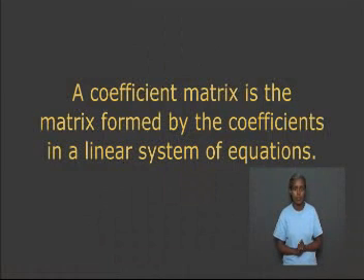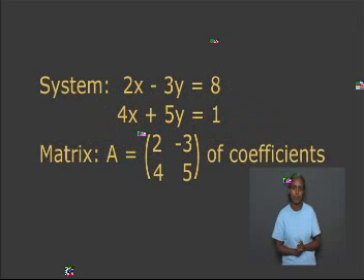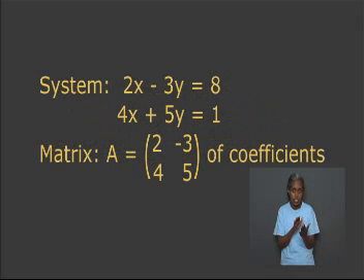A coefficient matrix is the matrix formed by the coefficients in a linear system of equations. In this example, you can see how the coefficients from the linear equation form the coefficient matrix.